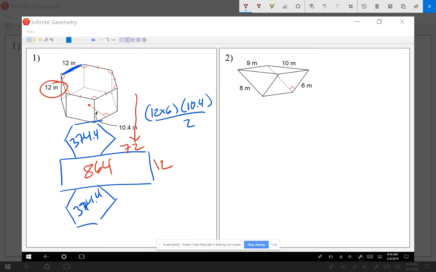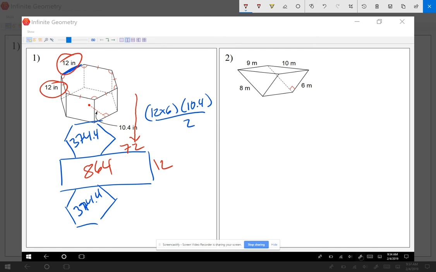You add all the sides. Each side is 12. There's 6 of them. So you can go 12 plus 12 plus 12 plus 12 plus 12 plus 12, or just 12 times 6, which is 72. Now the rectangle in red is 72 by 12, right? So 72 times 12, 864. So far, so good?